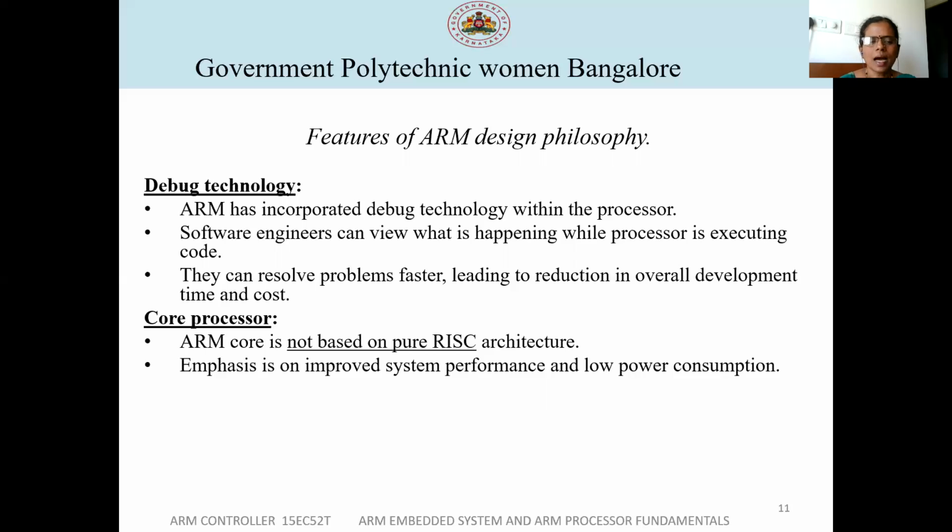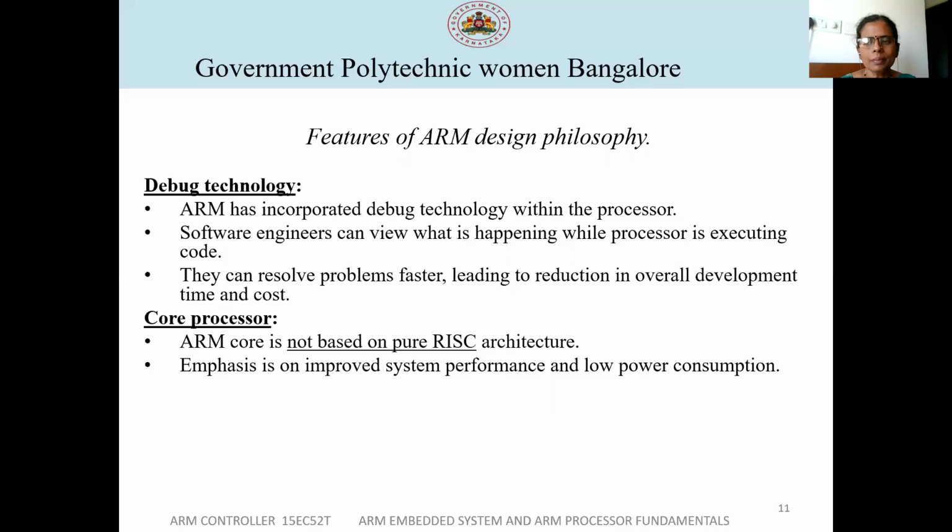Core processor. The ARM core is not a pure RISC architecture. In the beginning, I told you RISC is a reduced instruction set, and that in ARM we use the RISC concept, but now we are saying ARM is not a pure RISC architecture. What do we mean by not pure RISC? Pure RISC means execution of each instruction takes a single cycle.